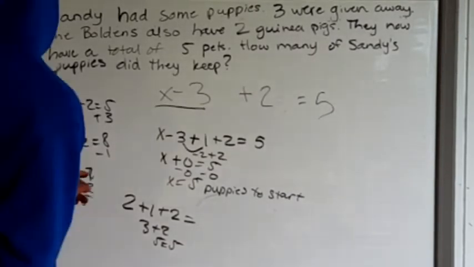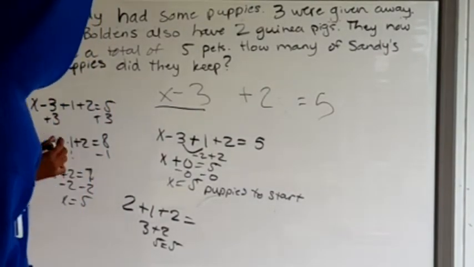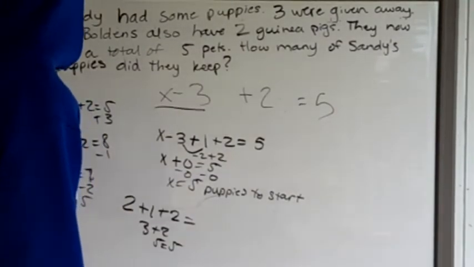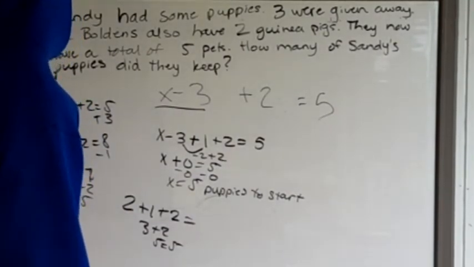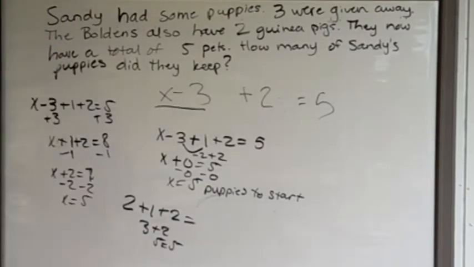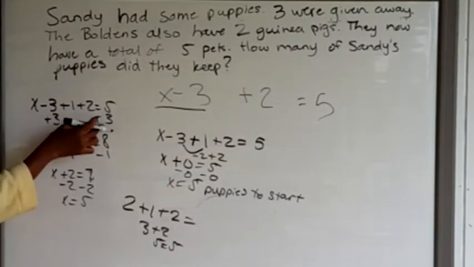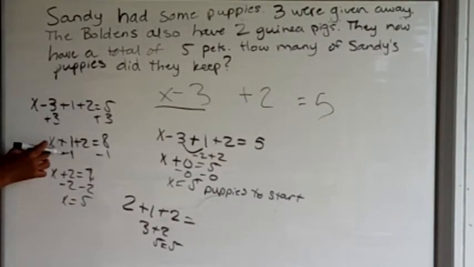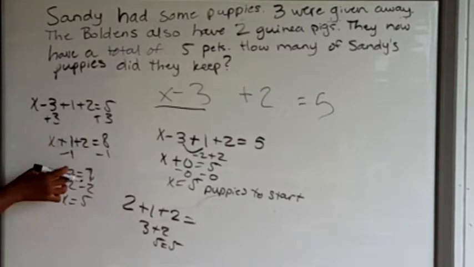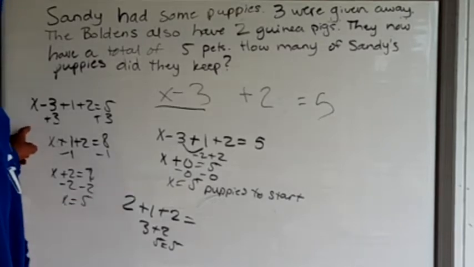Watch. We would have just subtracted all of these. I could have done plus 3 on both sides, which got me x plus 1 plus 2 equals 8. Then minus 1 left me with x plus 2 equals 7. Then minus 2, x equals 5. But it's easier to combine like terms first.